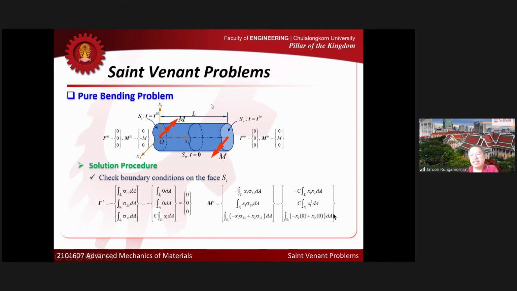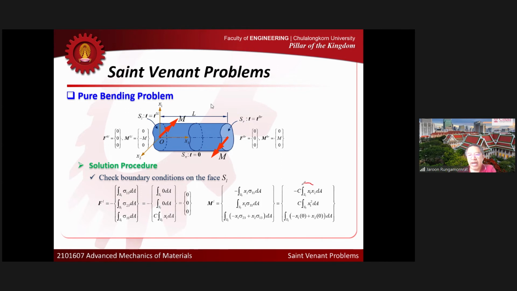You can see that easily there, right? Okay, how about the first and the second term? If you remember again, x1 and x2 that we consider here lie along the principal axes, right? Or I can say that x1 and x2 are the principal axes of the cross section. So based on the definition of the principal axes, the product of inertia has to be 0, right?